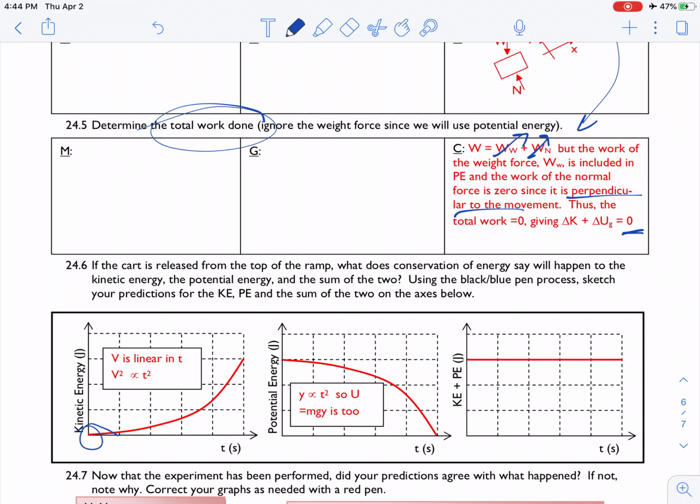And we know that K is in the form of 1/2 mv squared. And the potential energy, we only have gravitational potential, so we are talking about mgy, but we are also thinking about how it is changing with time.